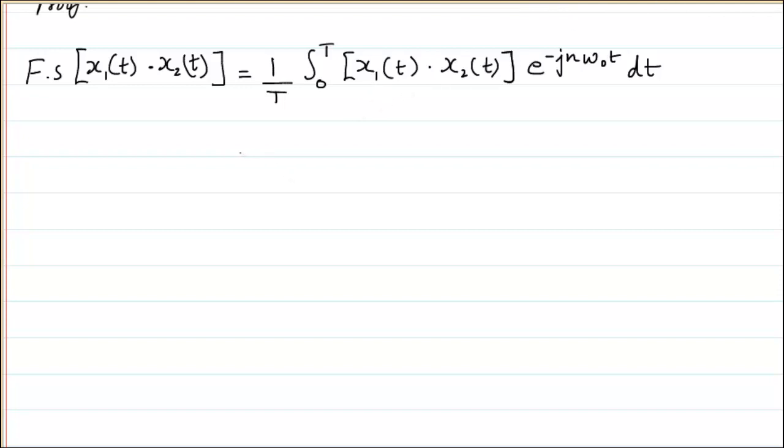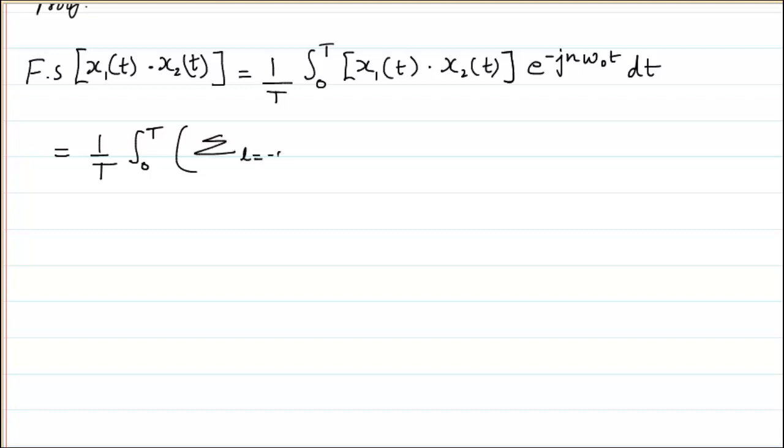or if I substitute instead of x1 of t, so let me write it here, 1 by T, and the integral from 0 to T, there is no change in that. X1 I am going to write as generally what we write in terms of Fourier series, so summation.